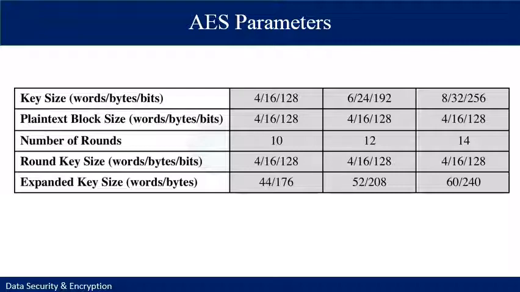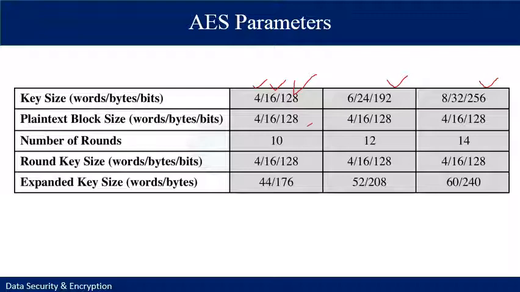For example, in the first case we can have 128 bits of key, which is equal to 16 bytes or 4 words in AES 128 bit. Similarly, we can have a 192 bit or 256 bit key size.